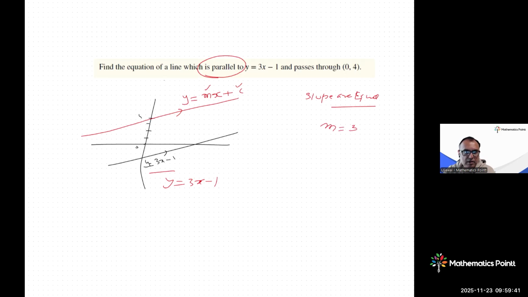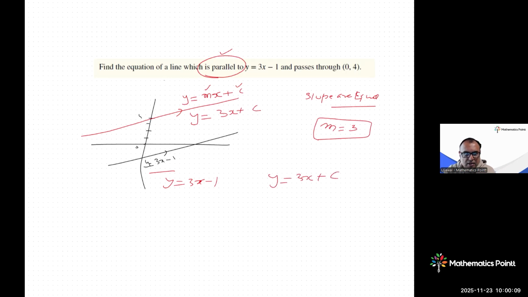Shaban, you're just spamming it now, all right? Slope is 3. So y equals to mx plus c. This line must have the same slope because it is parallel: 3x plus c. So my first unknown is solved. I now know that this line, the red line, is y equals to 3x plus c.